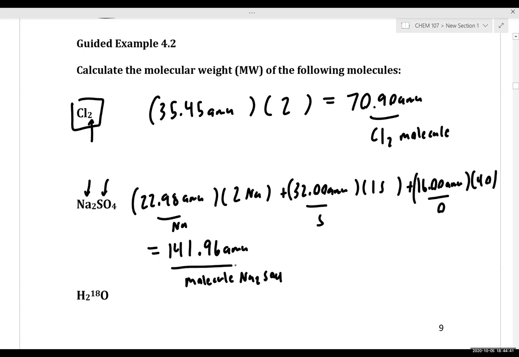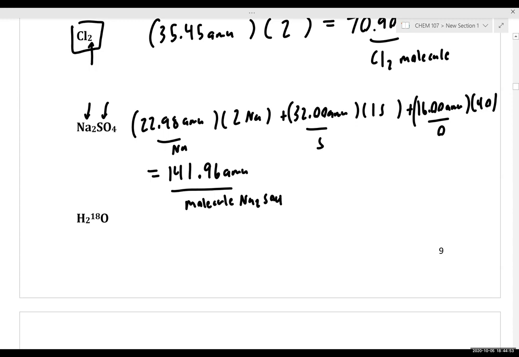Does this idea of calculating molar mass make sense to everyone? Yes. Now, this can even be applied to isotopic species.